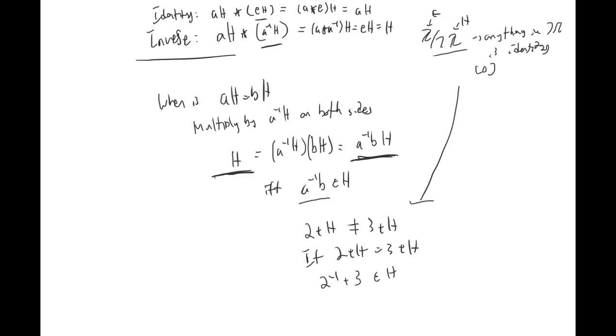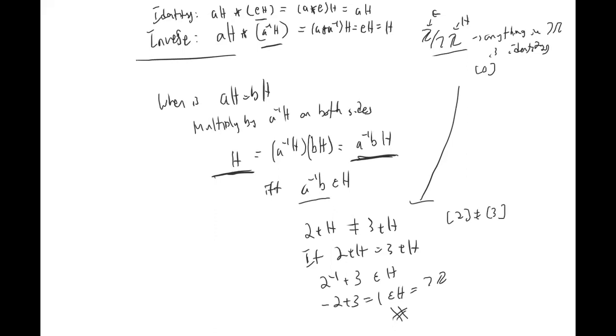But 2 inverse is negative 2, plus 3. So that means 1 is in H. But H is 7Z. So this is just not true, right? 1 is not in 7Z. 7Z is multiples of 7. So 0, 7, 14, and so on and so forth. I'm just saying class of 2 is not equal to class of 3. Okay, hopefully you all follow.